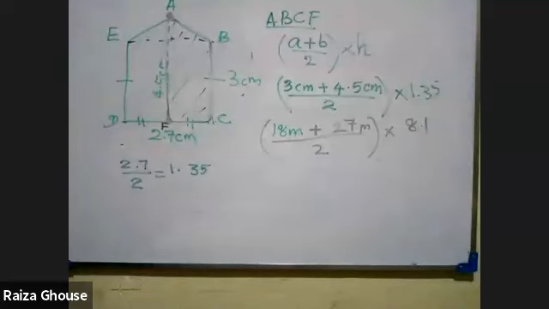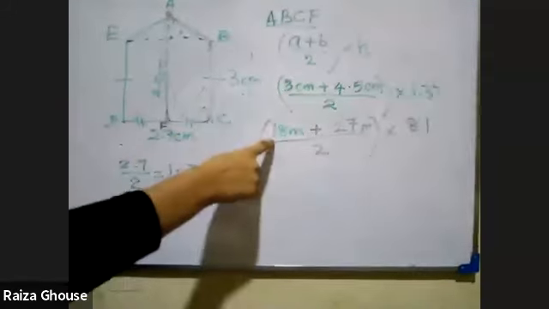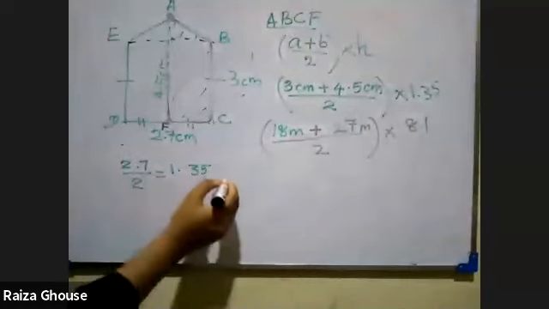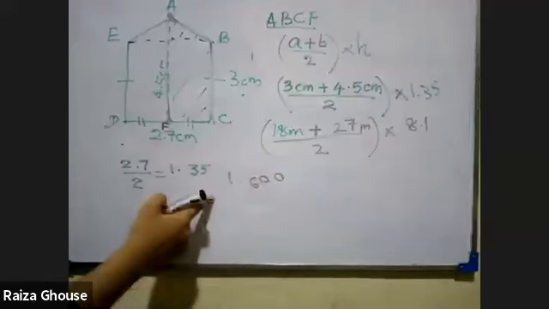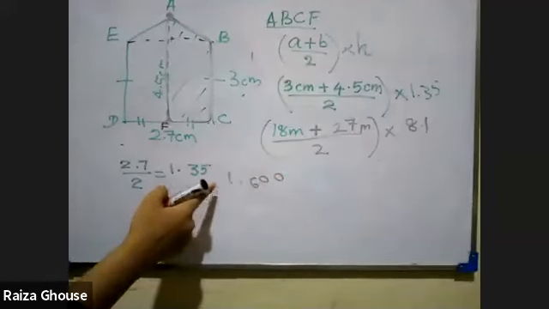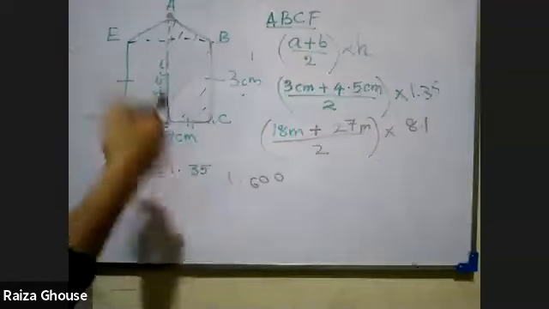Let's see who has not got the correct answers. First, children, you have to get 3 centimeter, according to the scale, as 18 meter. Why is that? 1:600 is the scale, okay? That means 6 meter is representing 1 centimeter.